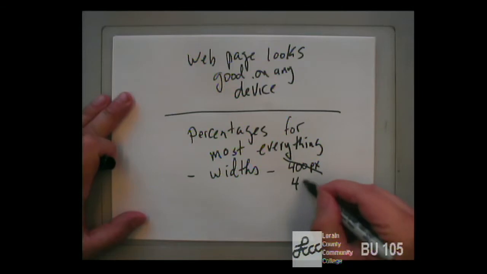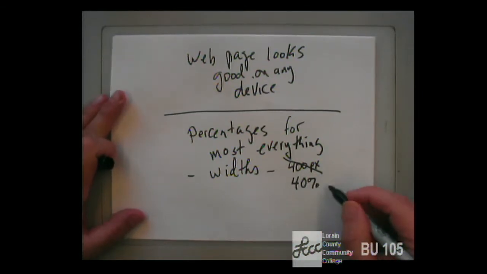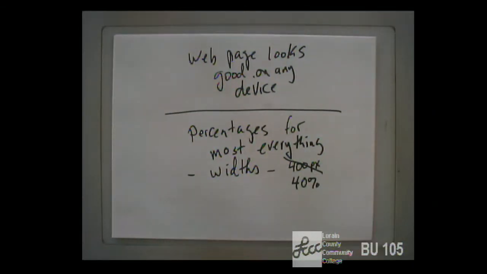Instead, we're going to say a width of 40% maybe, or 35%. So our widths are going to be in percentages rather than pixels. Already we can see that that makes the page responsive, right? Because as the window gets bigger or smaller, the width gets bigger or smaller.